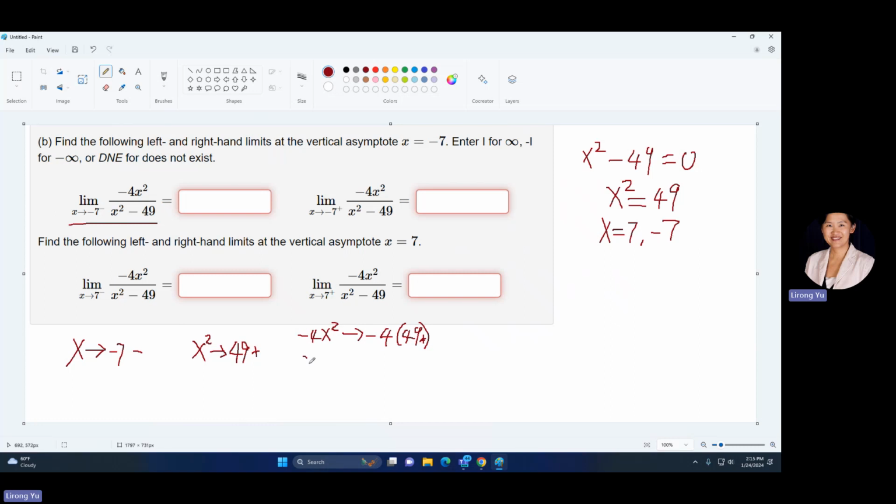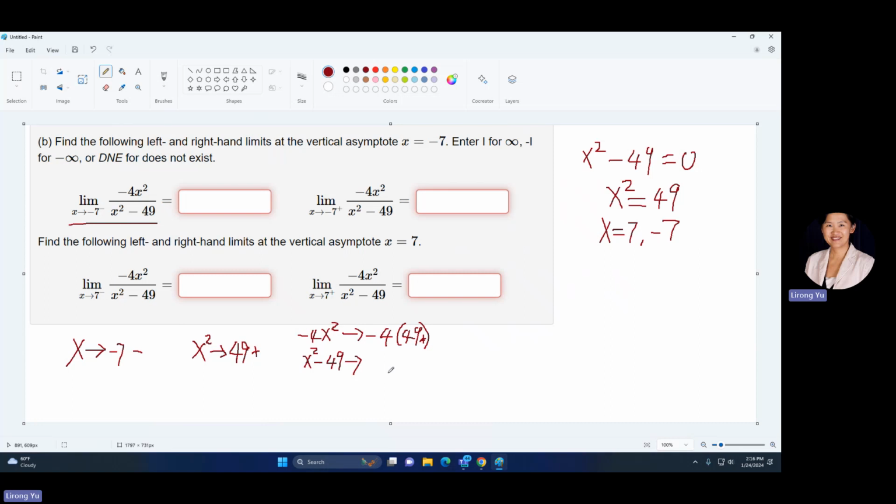Now the denominator is x squared minus 49. So you see what happened here. The x squared is slightly bigger than 49. This is approaching -7 from the negative side, right? If it's more negative, you got -7.1, so the square of that, x squared, is slightly bigger than 49.